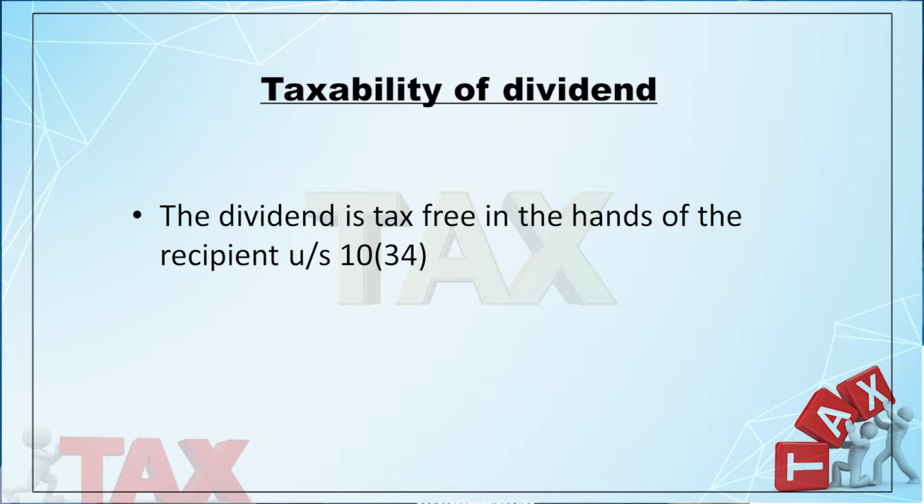So, only the Indian or domestic company is liable to pay tax on dividend distributed, declared or paid. Okay, is it clear to you? So, dividend declared, distributed or paid by a domestic company is liable to tax as per section 115O.